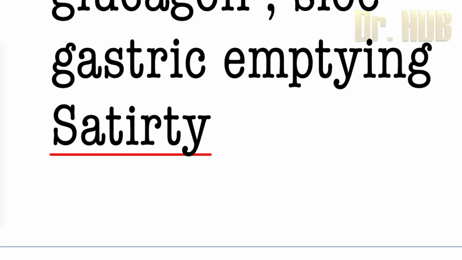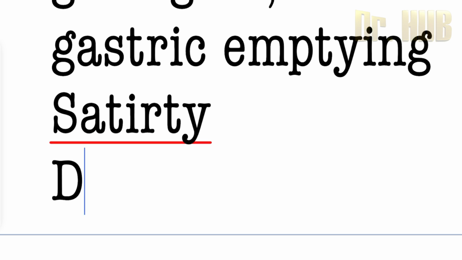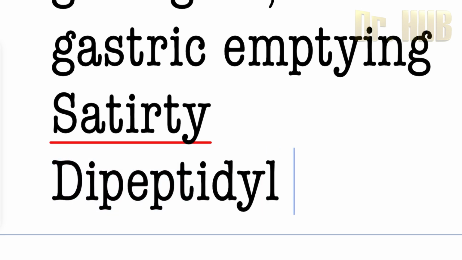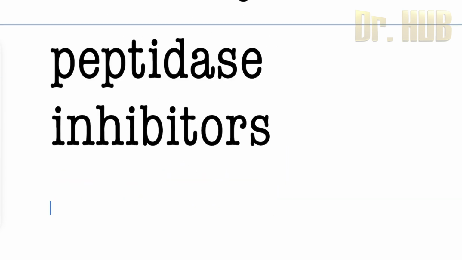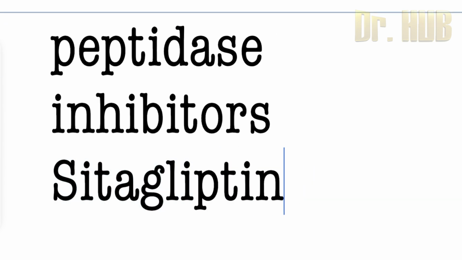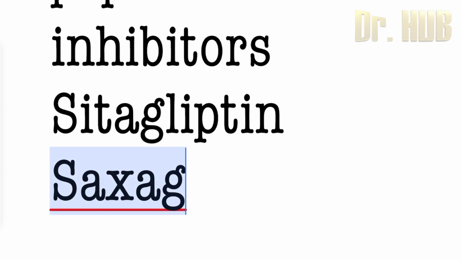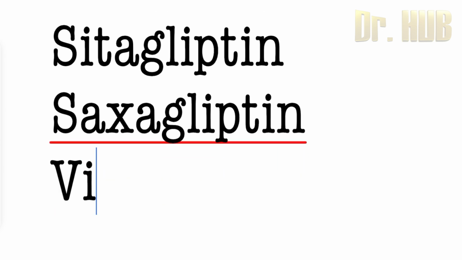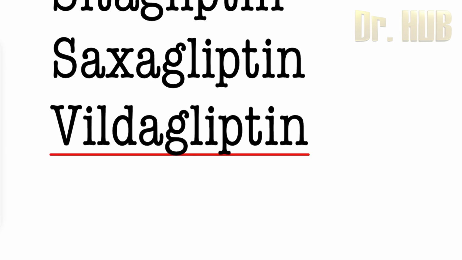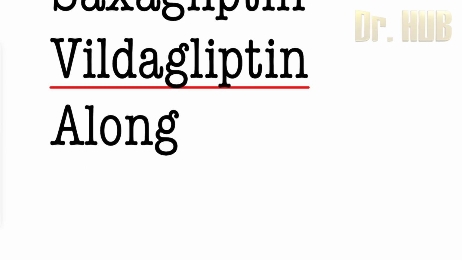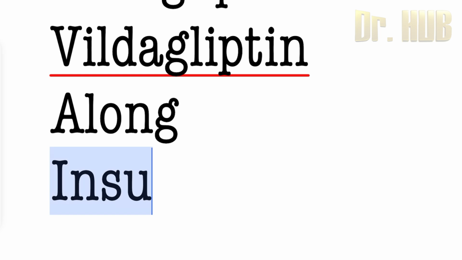Lastly, we move on to the dipeptidyl peptidase inhibitors. This is what enhances the insulin secretion. So the dipeptidyl peptidase inhibitors include sitagliptin, saxagliptin, vildagliptin, linagliptin, and alogliptin. So the mechanism is it increases again the insulin secretion.